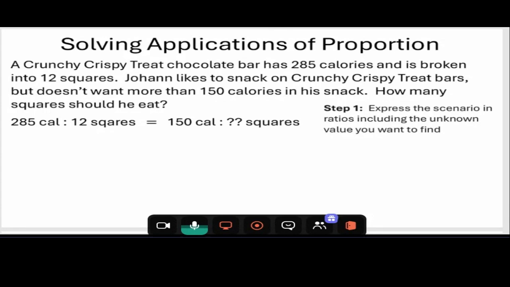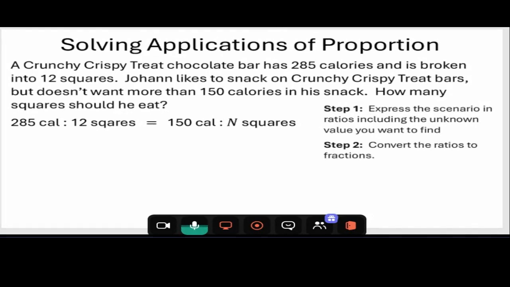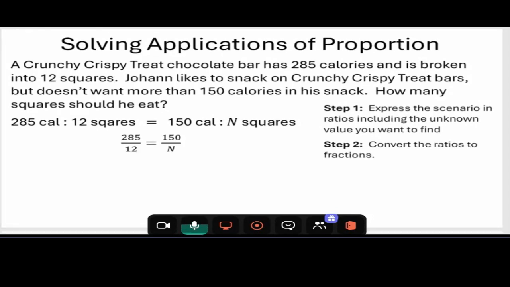So 285 to 12 is the same as 150 to what? And again, we replace those question marks. We use a variable to represent the thing we're trying to find. So n squares. Step two, turn them into fractions. 285 over 12 equals 150 over n, the variable we're trying to find.